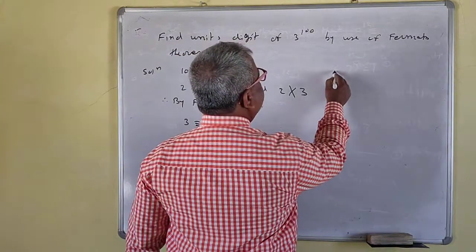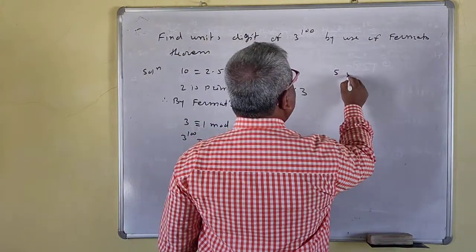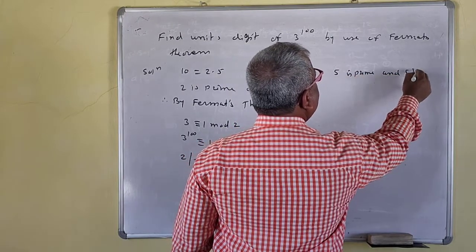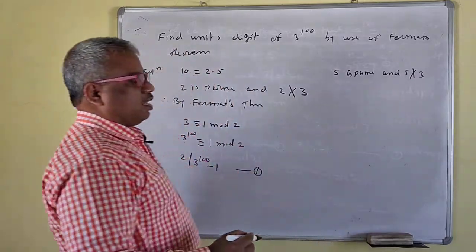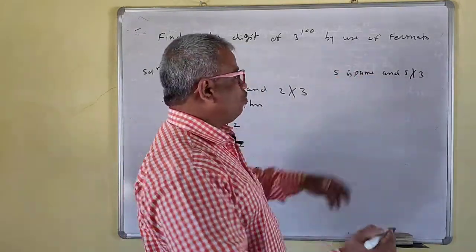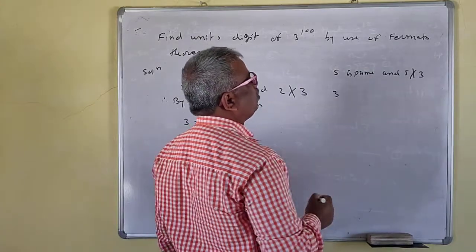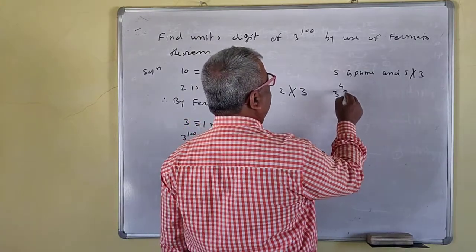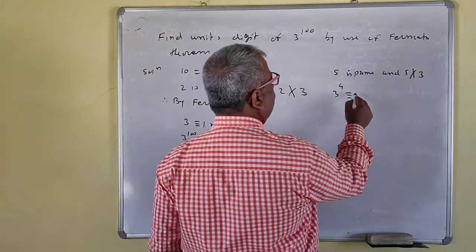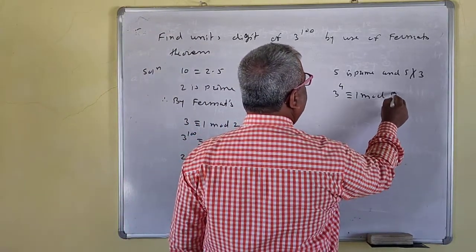Again, 5 is prime and 5 does not divide 3. So a^(p minus 1), that is 3^4, is congruent to 1 mod 5.